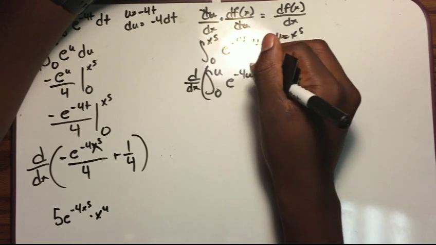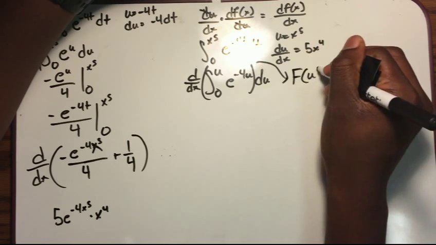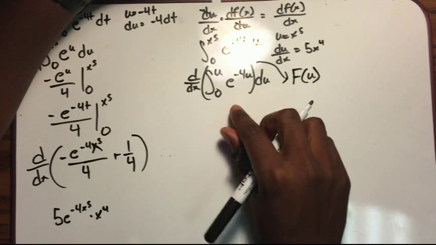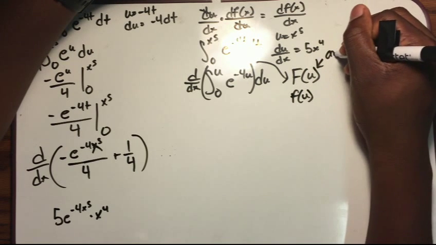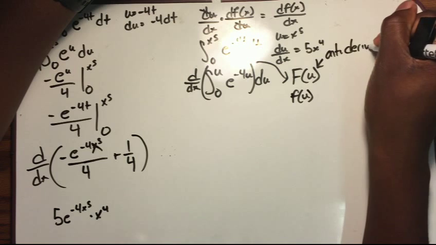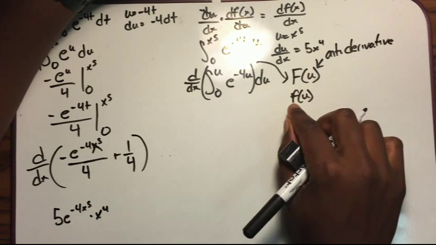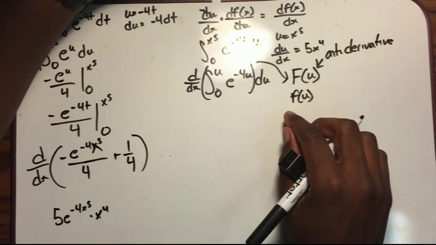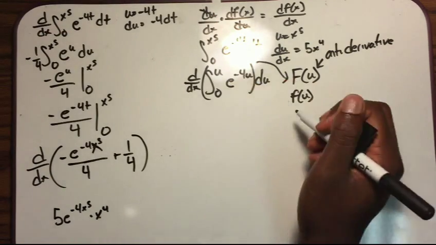Now we take the derivative of both sides of this using the fundamental theorem of calculus. This itself is uppercase F of u, and when we take the derivative of this, we'll get lowercase f of u.